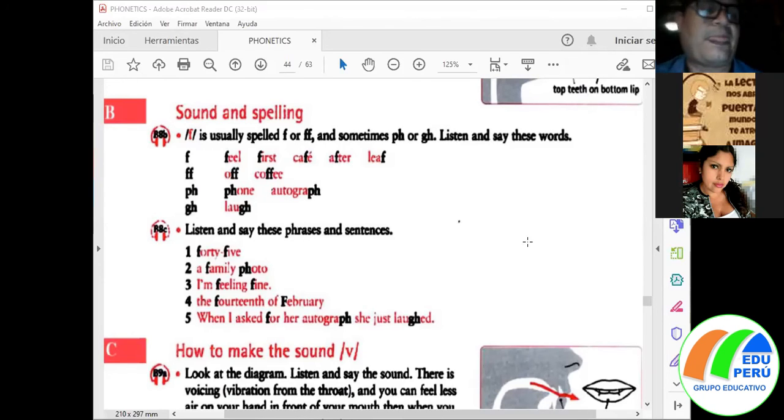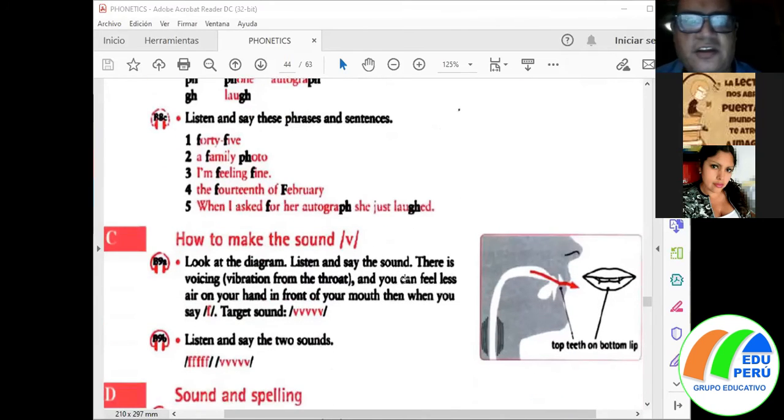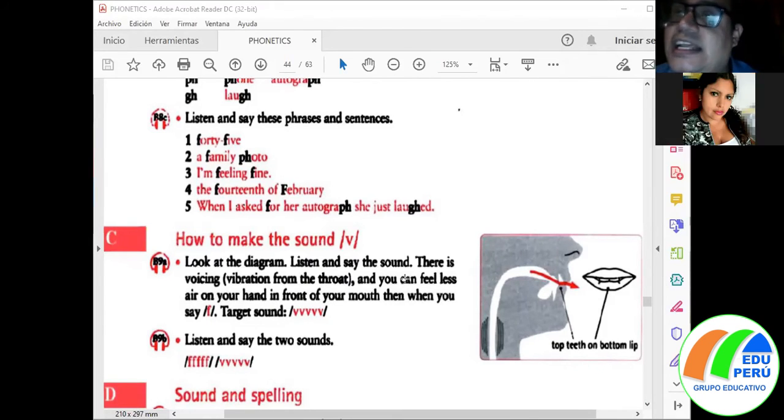Love. Listen and say these phrases and sentences. 1, 45. 2, a family photo. 3, I'm feeling fine. 4, the 14th of February. 5, when I asked for the autograph, she just laughed.